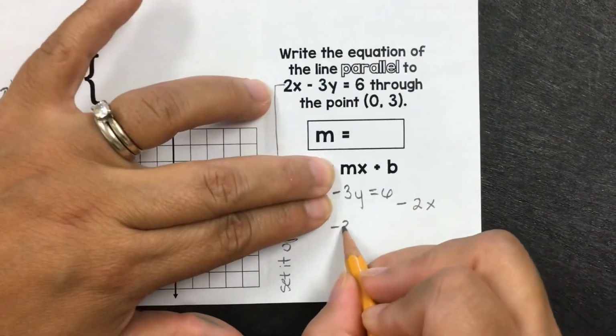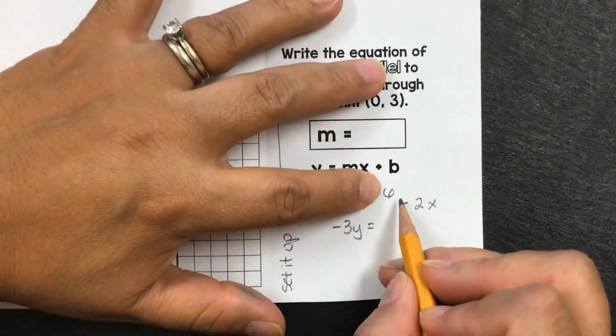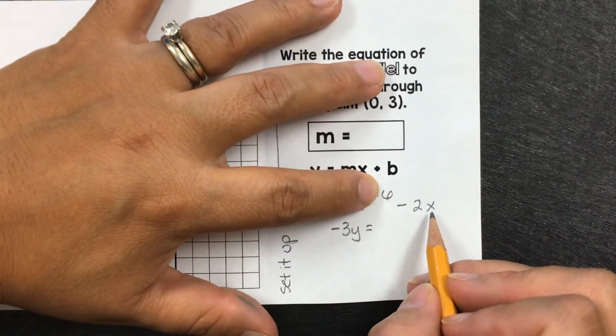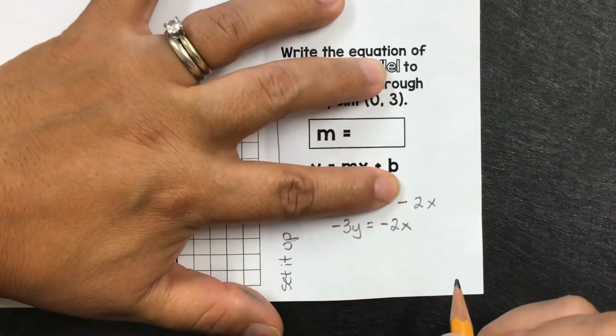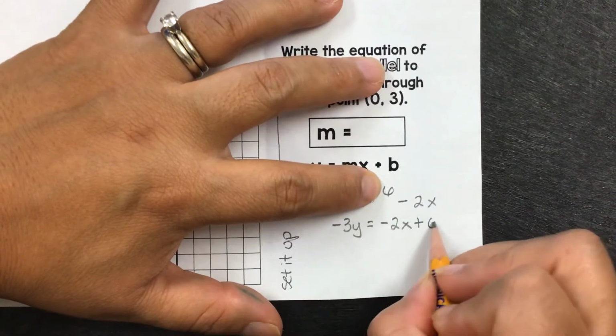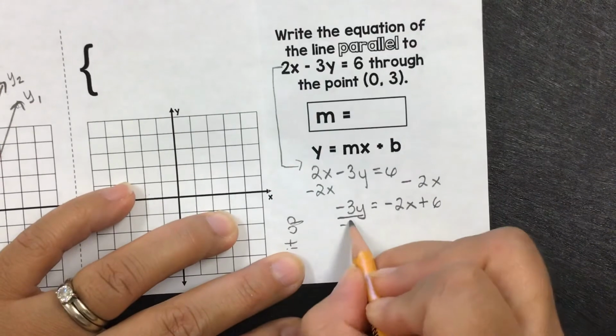I'm left with negative 3y is equal to, and I have a positive 6 minus 2x. But to set it up correctly, I'm going to write negative 2x, and since 6 was positive, put plus 6. Now I'm going to divide everything by 3.